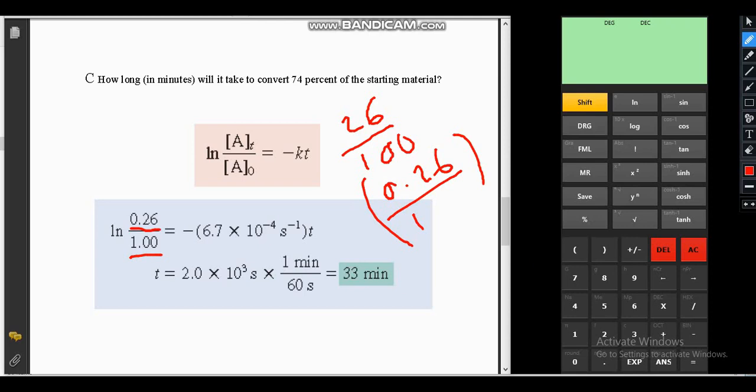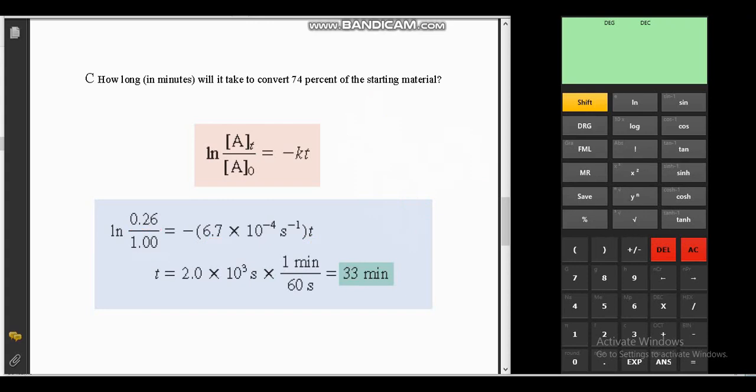Then remember the K value is still 6.7 times 10 to the power negative 4. Then we are asked the time it will take for the starting material to be used. So let's see how we'll punch this on the calculator. 0.26 divided by 1, we'll get 0.26.